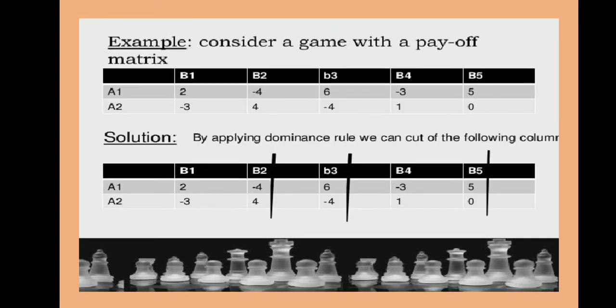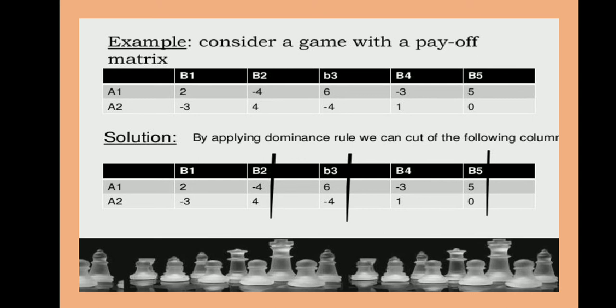Now we have the examples of graphical method in which you can see two tables given here. In the first table there are 3 rows and 6 columns, and the first row is blank, second A1, third A2. The columns are B1, B2, B3 and B5.